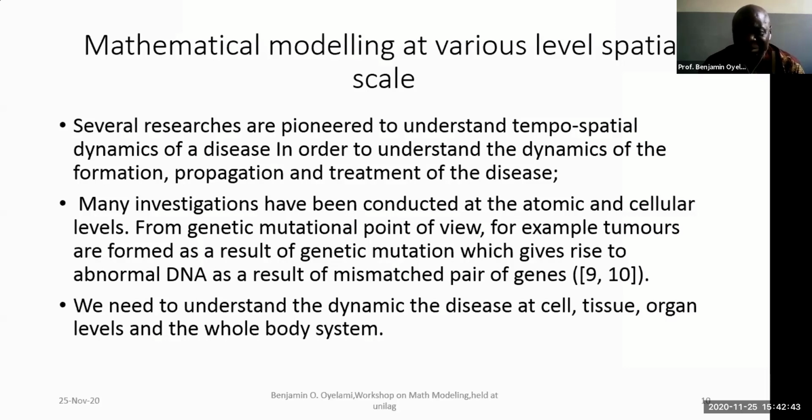For example, we have COVID-19. There are about 30 variant forms of COVID-19. So we have to look at it at that level. What is causing variation within them? And this is where our knowledge of stochastic process comes in, and whether we can simulate it using knowledge of Markov chain at that level.